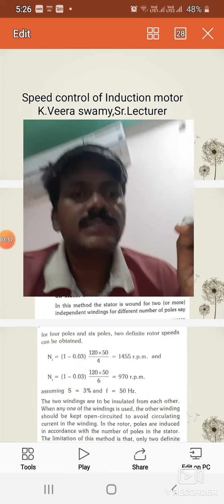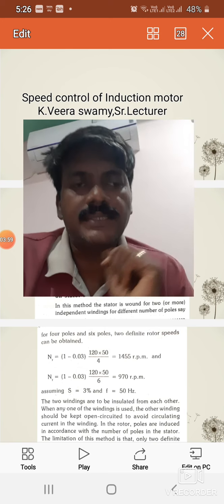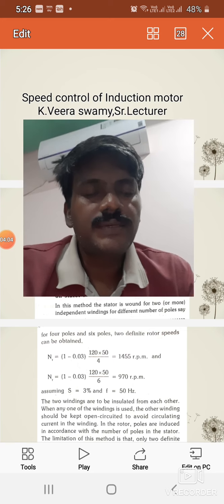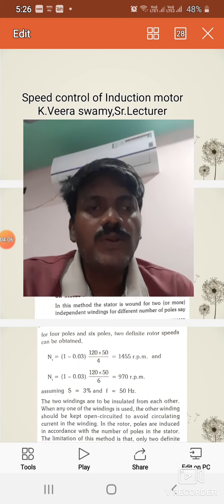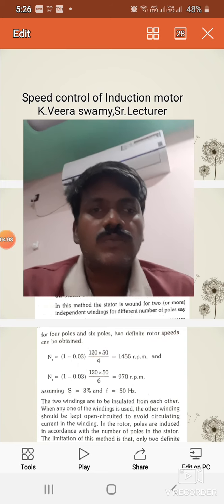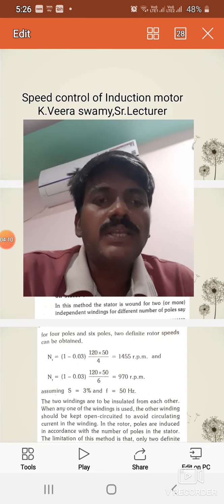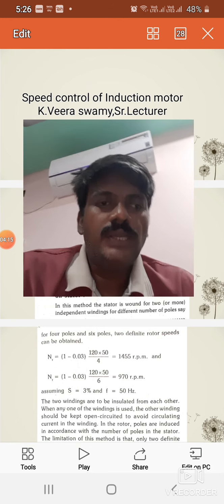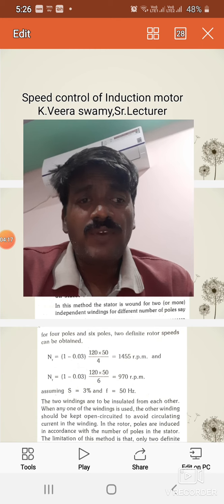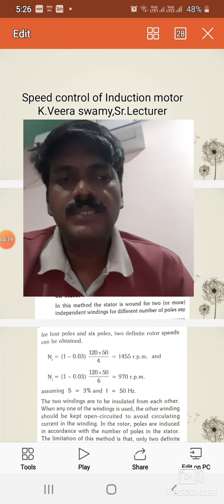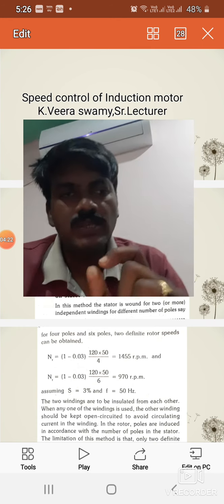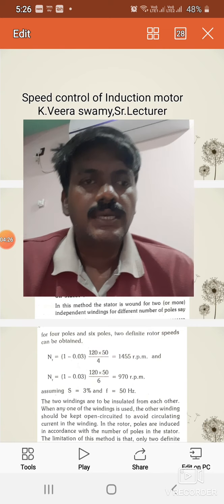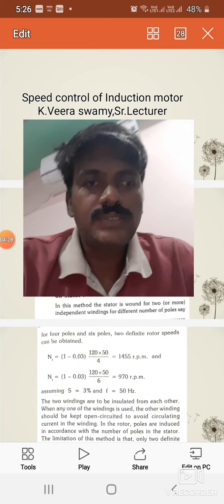When S increases, what happens? Speed decreases, right? So in this way we can change the speed of the 3-phase induction motor simply by changing the supply voltage, but a very large change in supply voltage causes a very small speed variation. That's why this method is rarely used.